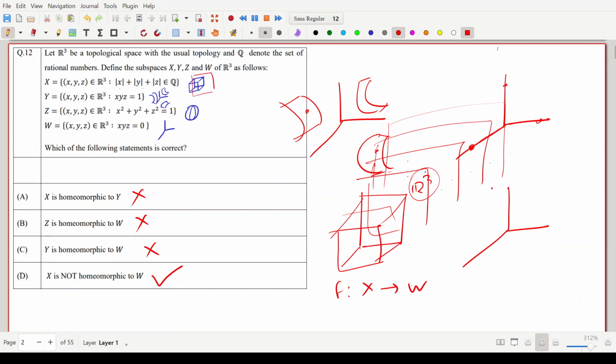We will be having some more cubes containing the smaller one, and they are disjoint, because between two cubes there is some irrational number also, correct? So everybody is disjoint here. Every cube is disjoint, so they are not even connected. If you take one point at this cube and one point at that cube, they are not connected.